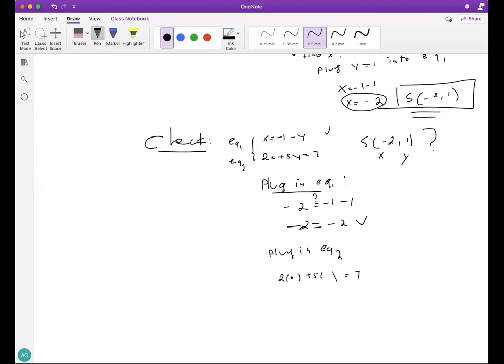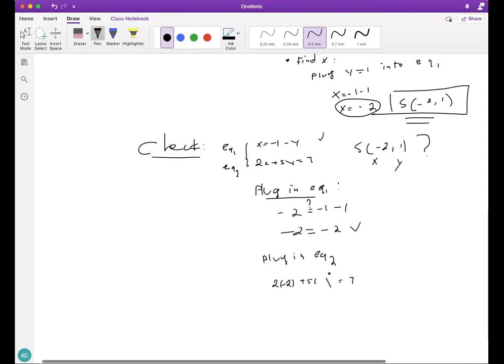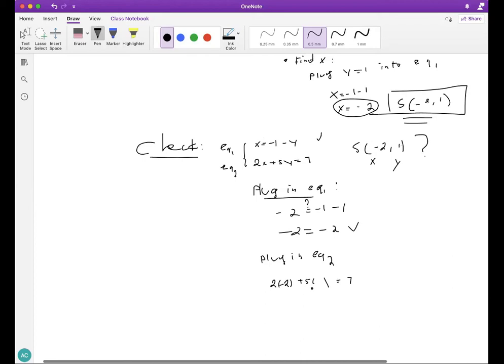What x are we trying to plug here? -2. That's right, the x here is -2. And y is 1, right? We say, is it equal to 7?